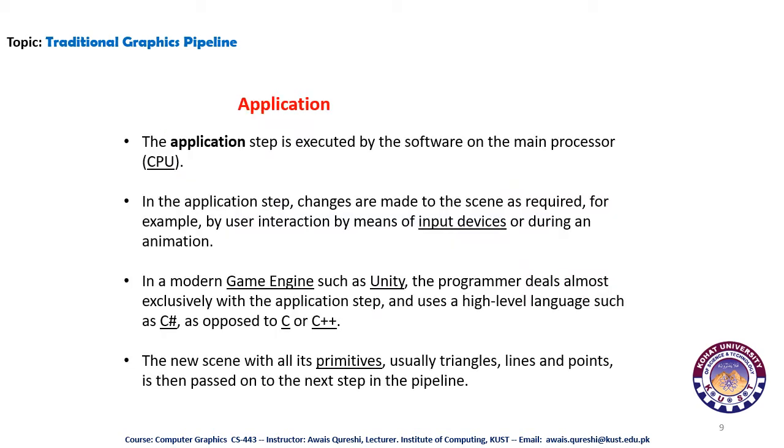So what is the application layer of this pipeline? The application step is executed by the software on the main processor. Here we have written the CPU, but it is most recommended to use a GPU, because the 2D or 3D conversion is based on matrix multiplications, so that's why the GPU is more recommended than the CPU.